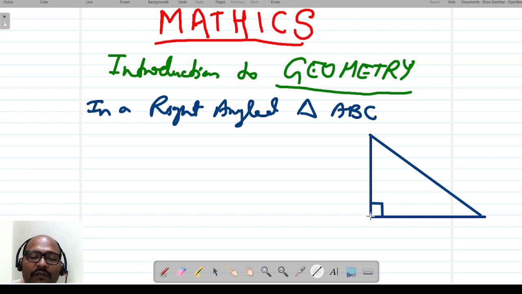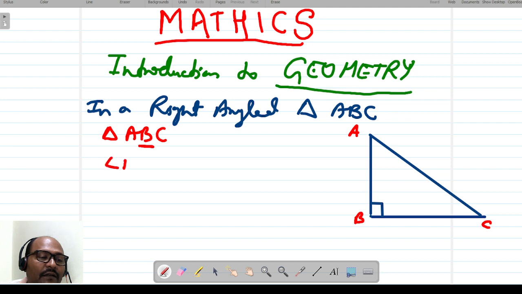This angle is 90 degrees, right? So, friends, let me mark it. A right angle triangle ABC. We just denote it as ABC. Triangle ABC means B is the central angle. So, we can see that angle B is of 90 degrees.